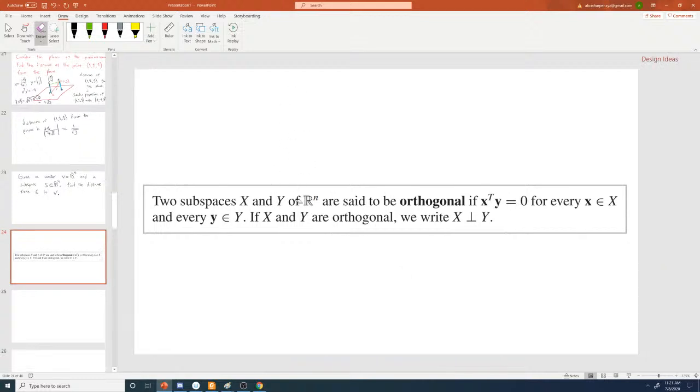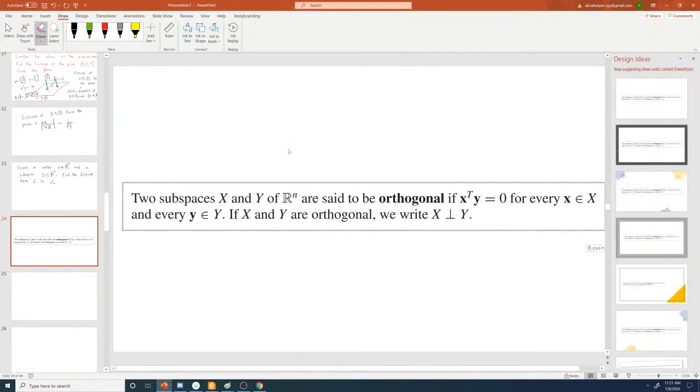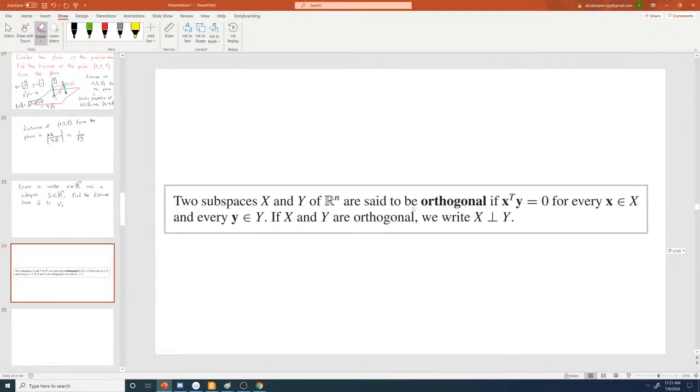So suppose we have 2 subspaces X and Y of Rn. Then we say that they're orthogonal if x transpose times y is equal to 0 for every x in X and every y in Y. And if X and Y are orthogonal, we write this.